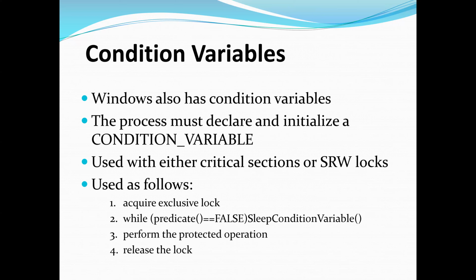Condition variables can be used with either the critical section or the SRW locks. So we have two methods: SleepConditionVariableCS and SleepConditionVariableSRW. We sleep on the specified conditions.